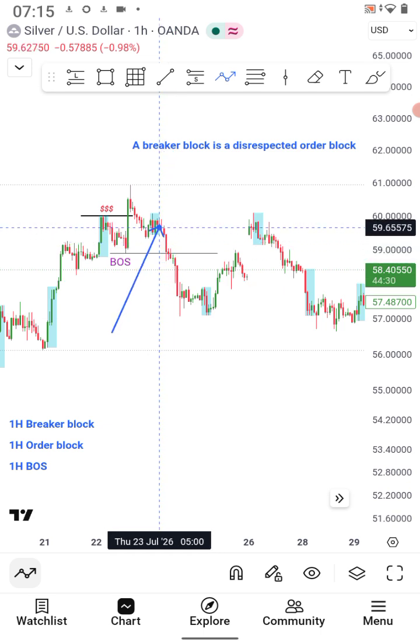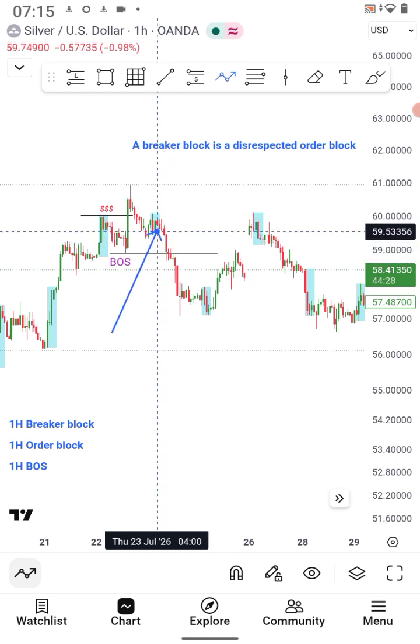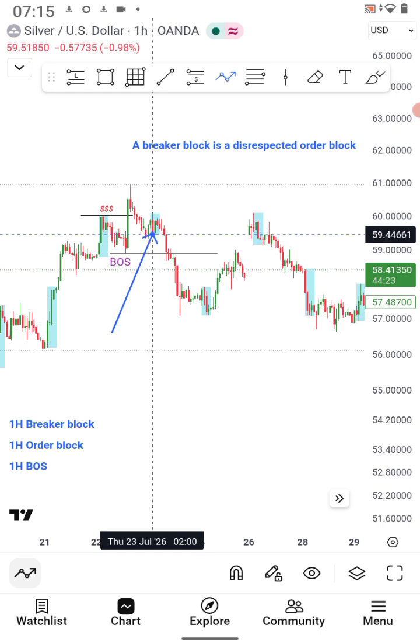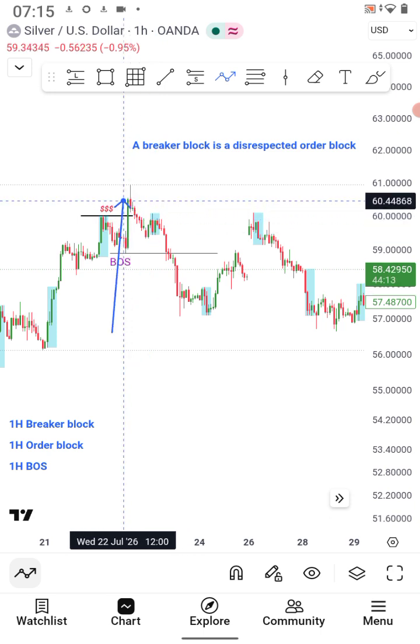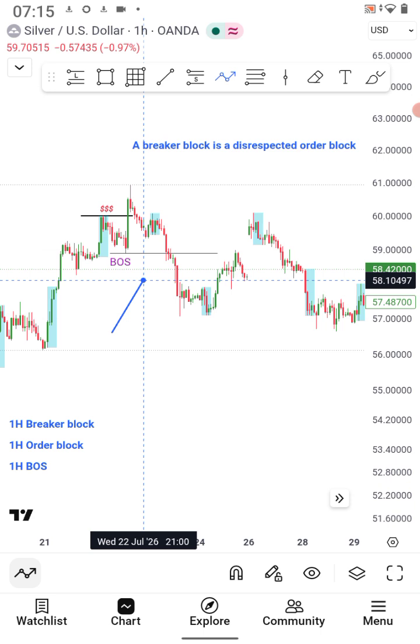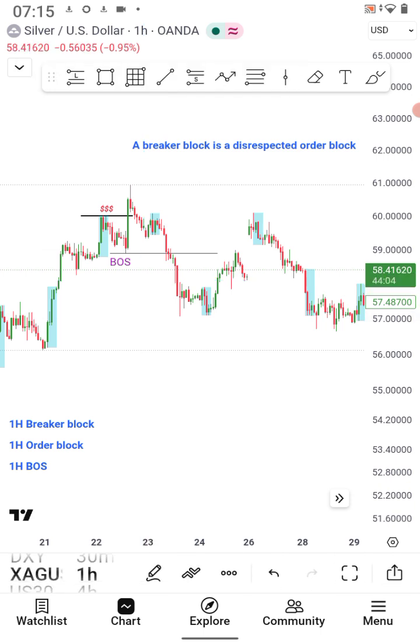You can even take this. Are you seeing it now? Provided you are going to use confirmation entry, or sometimes you go to a lower time frame to refine and get the actual point. When you're looking for the actual point, you look for the middle candle, and what you are using as the order block is the one whose highest point sweeps the high of the other one. Are you seeing it now? Okay, so let me mark.